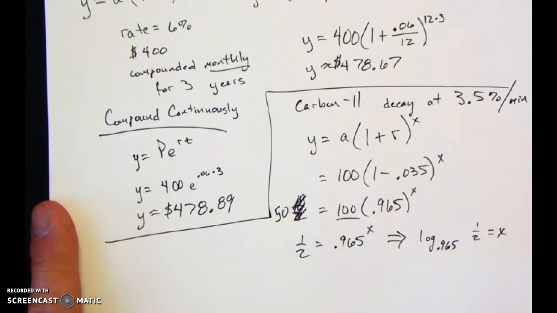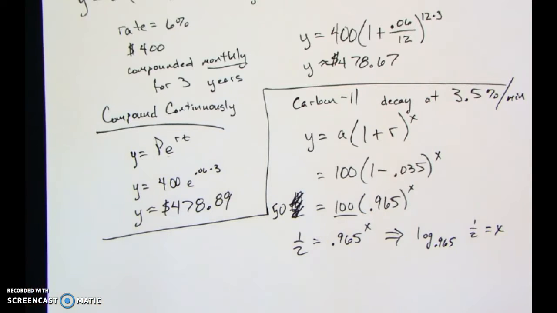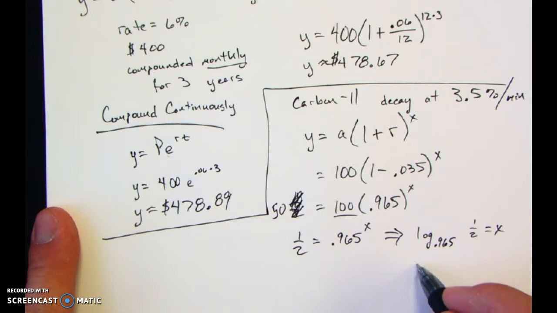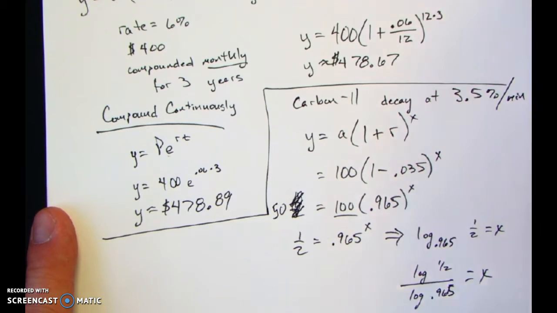This is the part where we can use our calculator to solve that logarithm, or to solve for x. Our exponent is where our variable is. Remember, our calculators are set up to be base 10, so we would use change of base on this. I'm going to plug into the calculator log of 1/2 divided by log of 0.965 to find that x value.